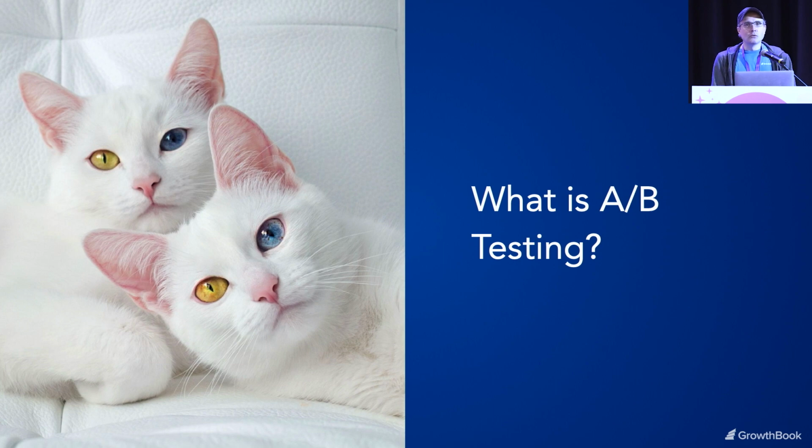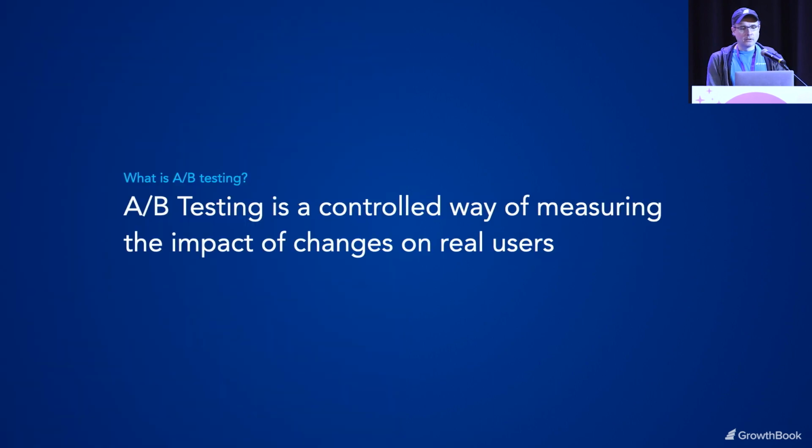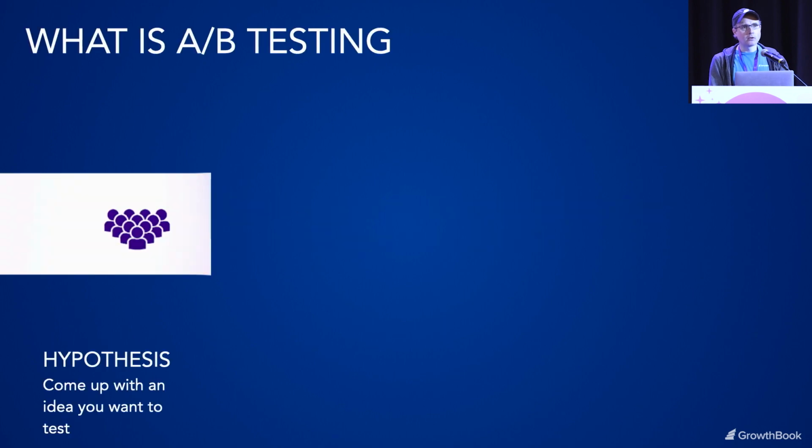so we'll quickly jump into what A/B testing is all about. So the definition I really like of A/B testing is a controlled way of measuring the impact of a change or a feature on real users. And so how that works in practice is you first have a hypothesis, some idea you want to test. You then choose an audience you want to assign that test to.